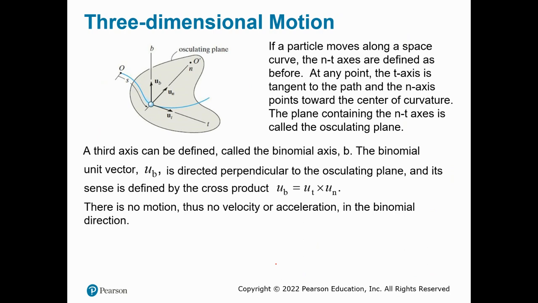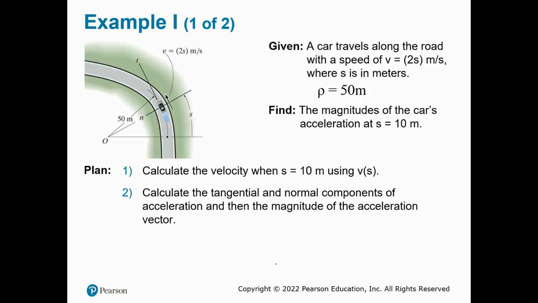The third axis we'll call the binormal axis, B. The binormal unit vector u_B is perpendicular to the osculating plane, and its sense is defined by the cross product u_B equals u_T cross u_N. There's no motion, thus no velocity or acceleration, in the binormal direction.